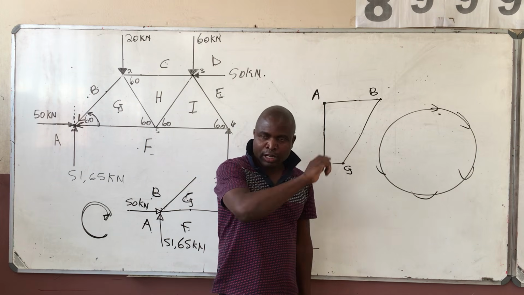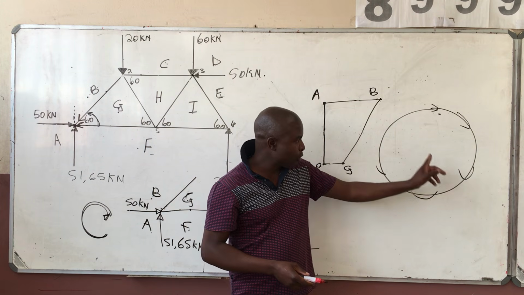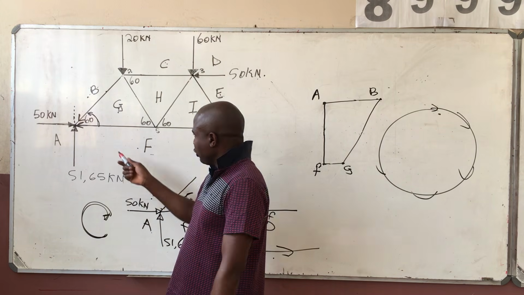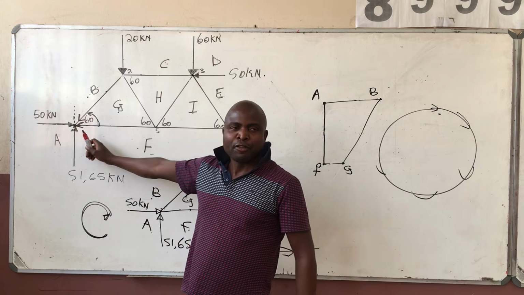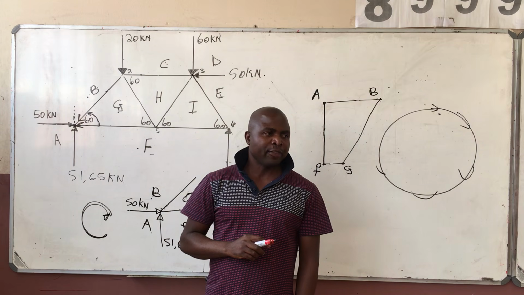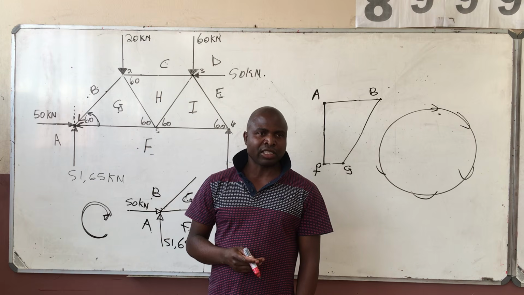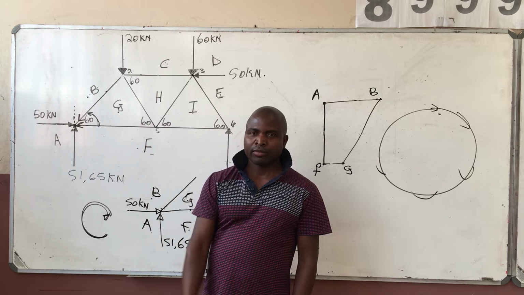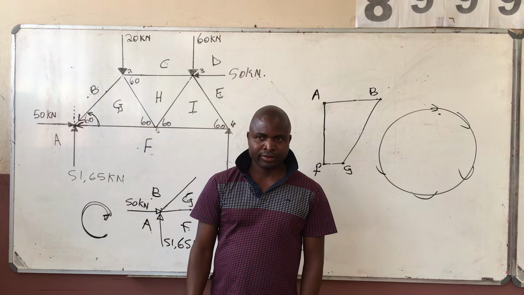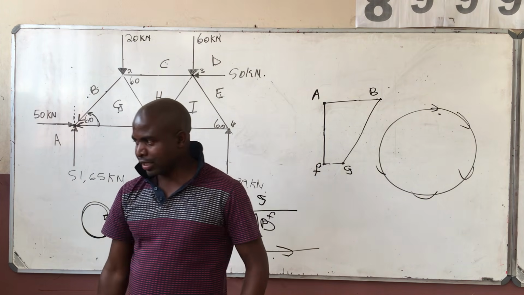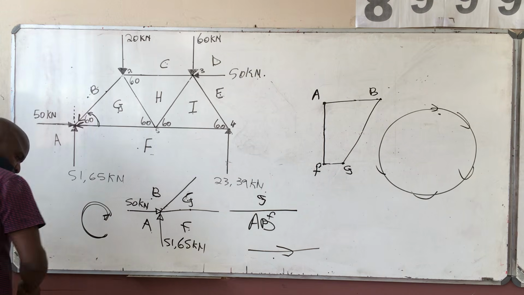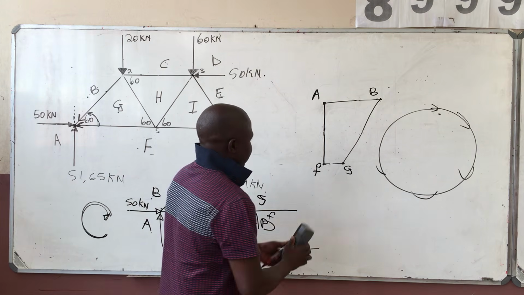So they must form a closed loop in the vector diagram before you transfer them to this side. If you fail to transfer them here from point number 1, you're going to have a problem giving the nature of your member, whether strut or tie. But I will explain that once we are close to finishing. So this one is out.